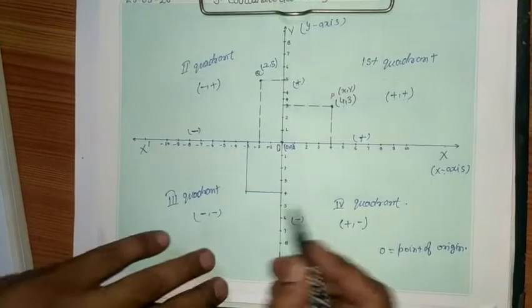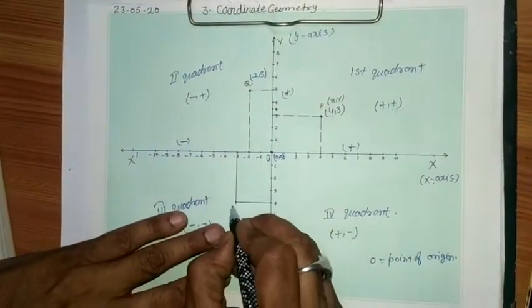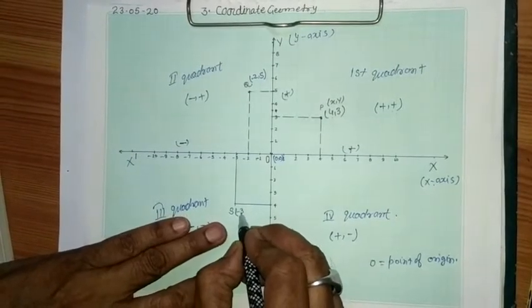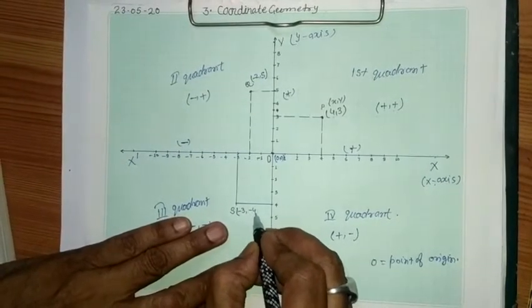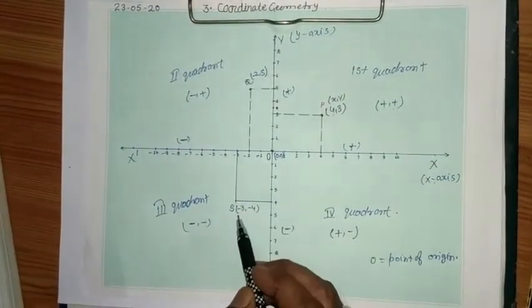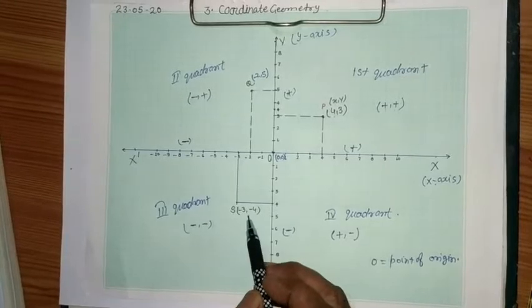This is S. Its coordinate is (-3, -4), because its abscissa is -3 and ordinate is -4.